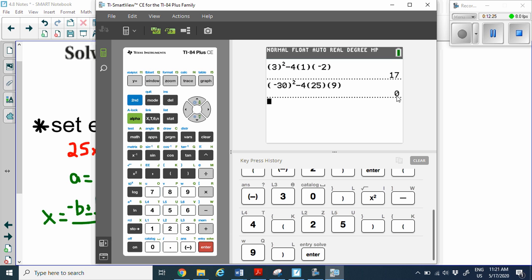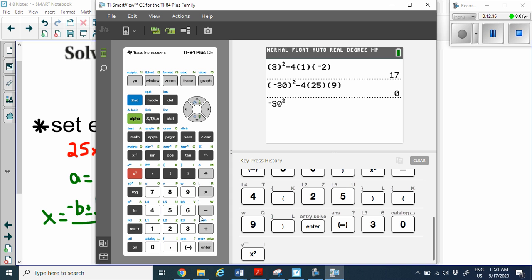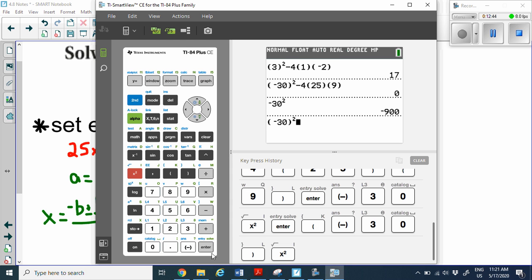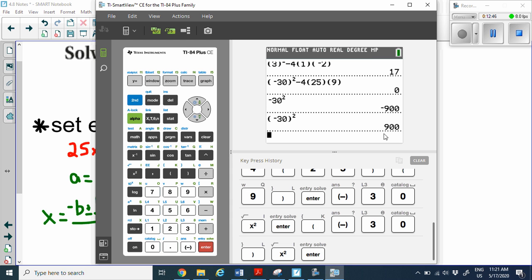I get 0. Now, here's the reason why we want to use parentheses around the negative 30 when we square. If we didn't, let's say we just did negative 30 squared, we would get negative 900. But if we use parentheses around that negative 30 and then square it, that gives us positive.